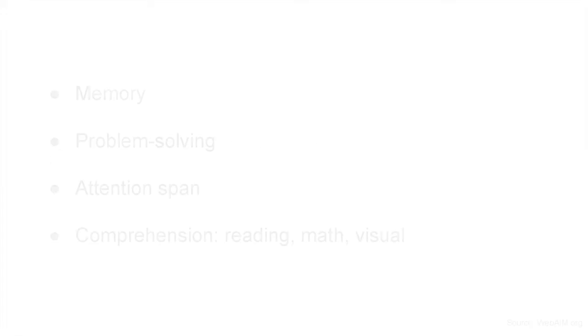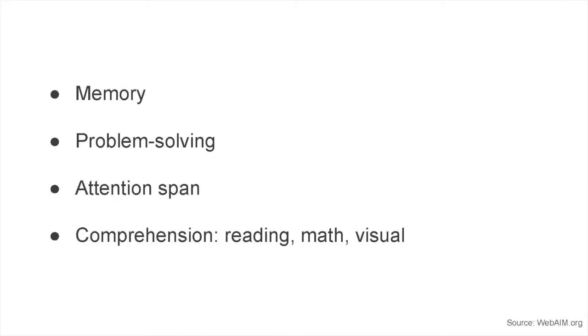Cognitive impairments. Those are also considered when we talk about accessibility. There are a wide range of reasons why someone may have a cognitive impairment, but ultimately it boils down to, you might have some challenges with memory, problem solving, attention span, comprehension with reading, comprehension with math.